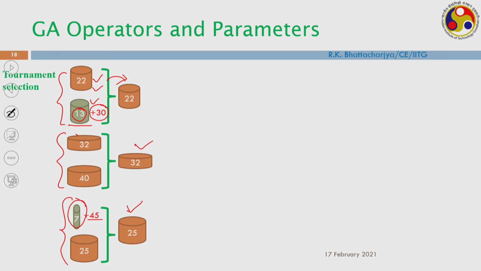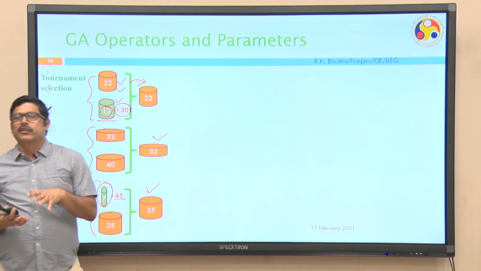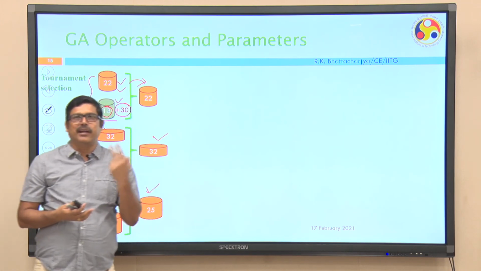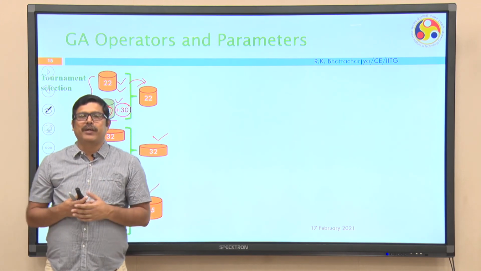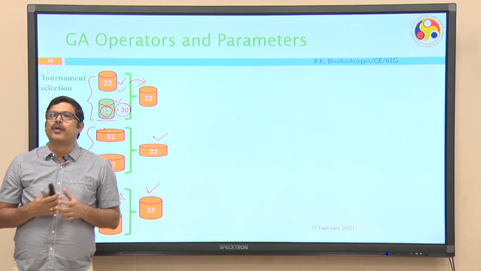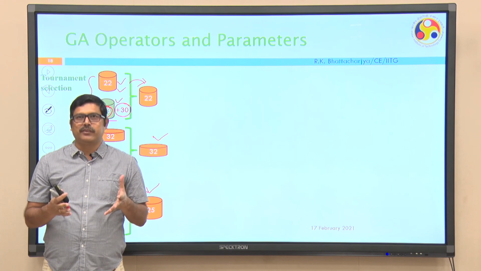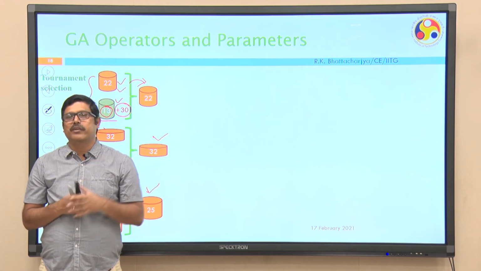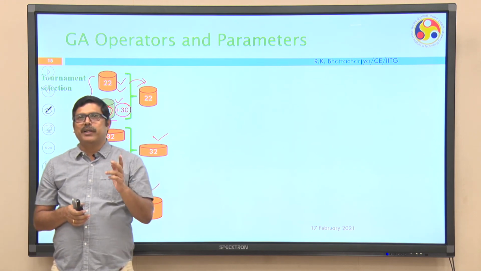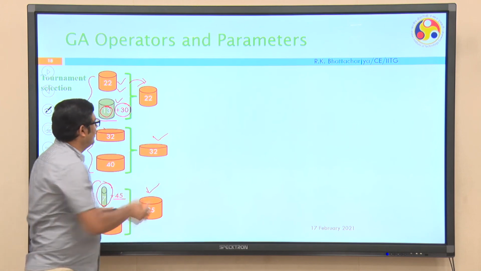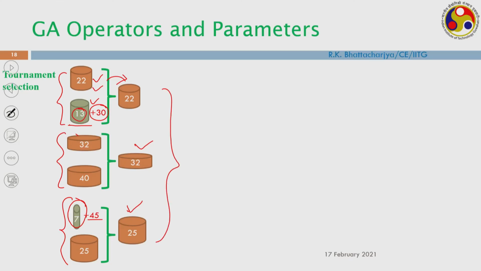Now, we have a total of 6 solutions and if I select 2 individuals for a tournament, that means my tournament size is 2. In that case, I can play 3 tournaments, is it not, because my total solution is 6. So, 3 tournaments means 3 winners. So, I am getting 3 winners and these 3 winners will go to the next generation.